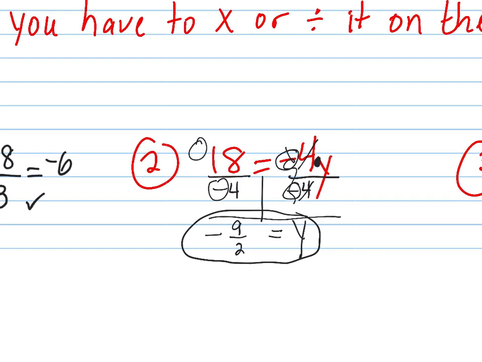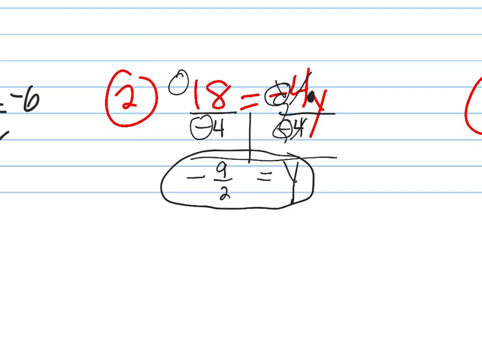Here's your check. 18. Is that equal to negative 4 times negative 9 over 2? Well, negative 4 can be written as a fraction because it's rational. So it's negative 4 over 1.